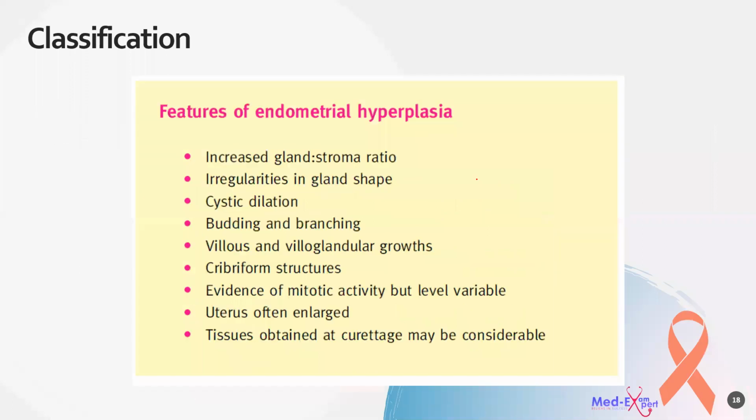Good. So what are the main features of endometrial hyperplasia? Collectively, these features are an increased gland to stroma ratio, as mentioned before. When we look at the glands, they have irregularities in their shape, cystic dilatation, budding and branching, villous growth, and evidence of mitotic activity, but this level is variable according to the degree of atypia.